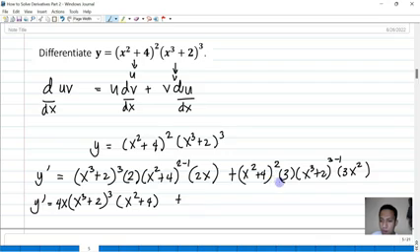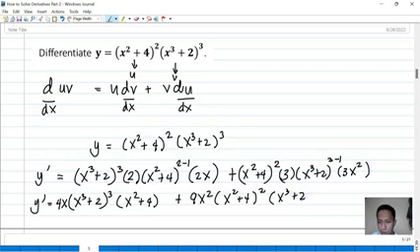So plus, we have here 3 times 3x squared, that is 9x squared times (x squared plus 4) squared. And we have this other expression here, (x cubed plus 2) squared. So basically, this is now the simplified expression of y prime.